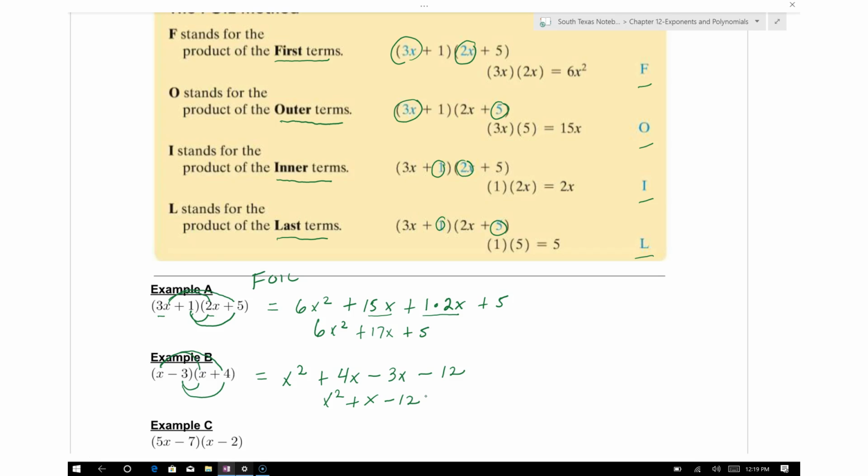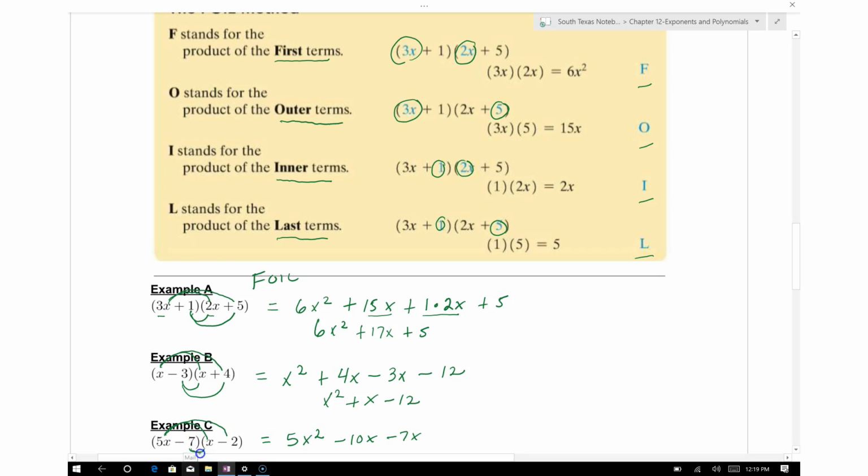For example C, we're going to multiply 5x times x. Those are the first terms. So you get 5x squared. And then you're going to multiply by the outer, 5x times negative 2, which gives you negative 10x. Multiply by the inner, then it's going to be negative 7x.